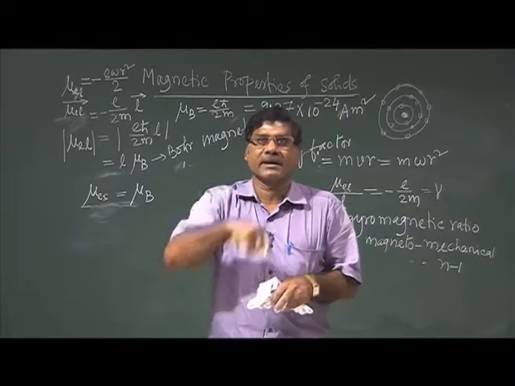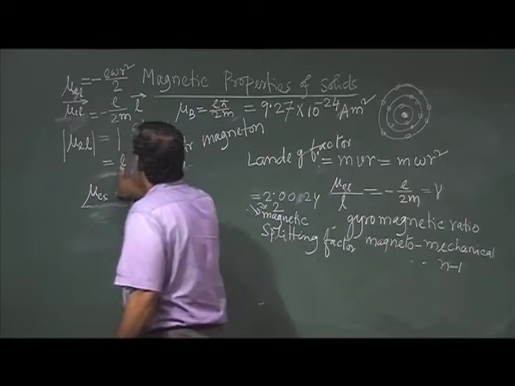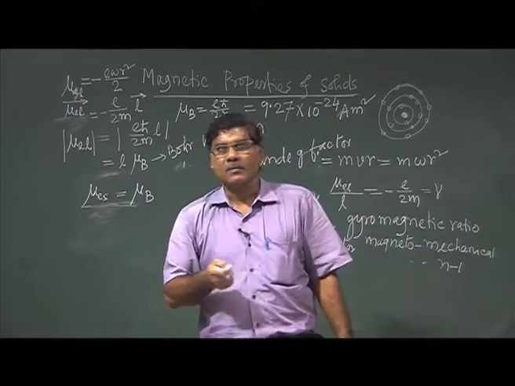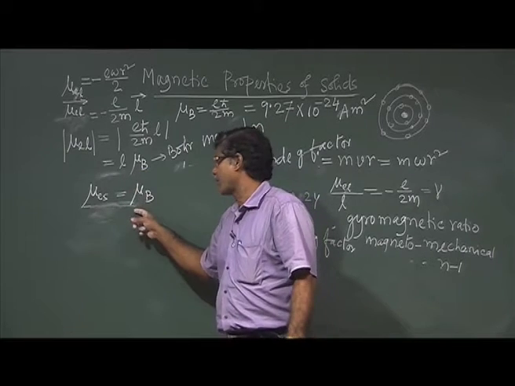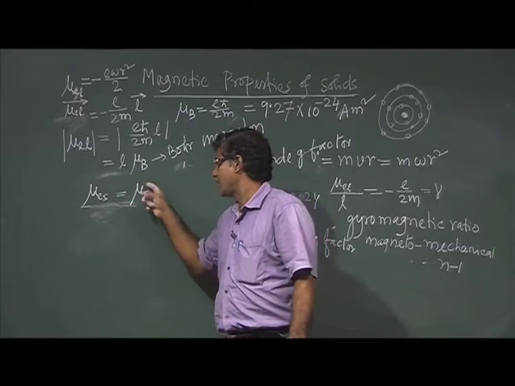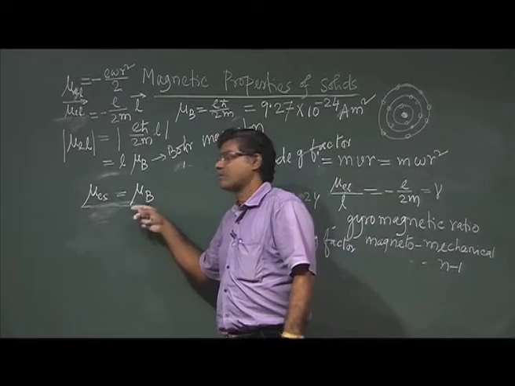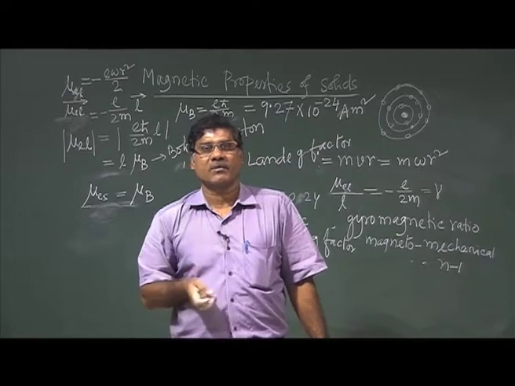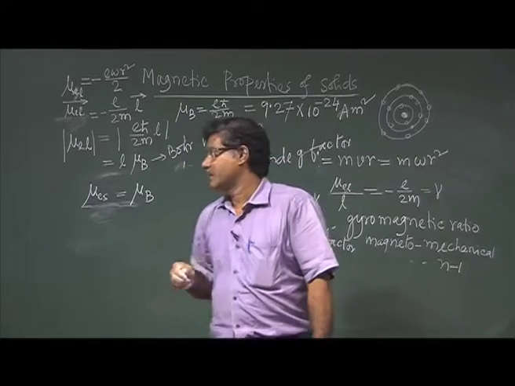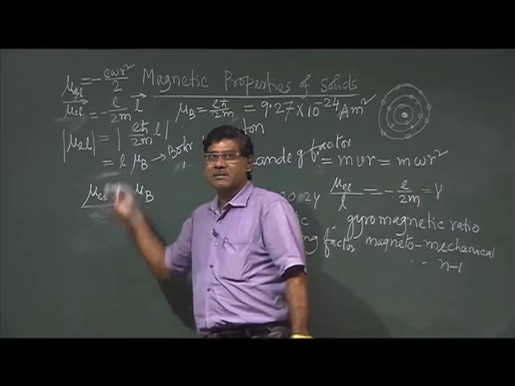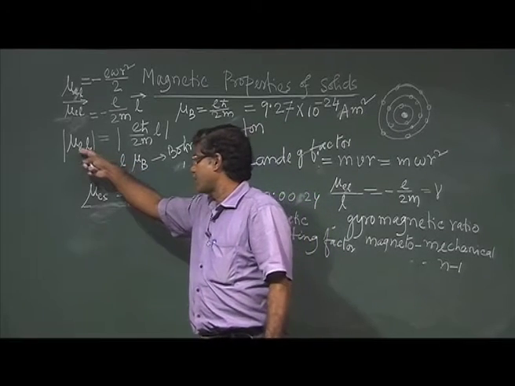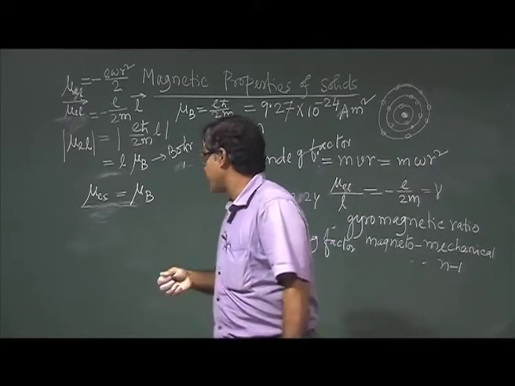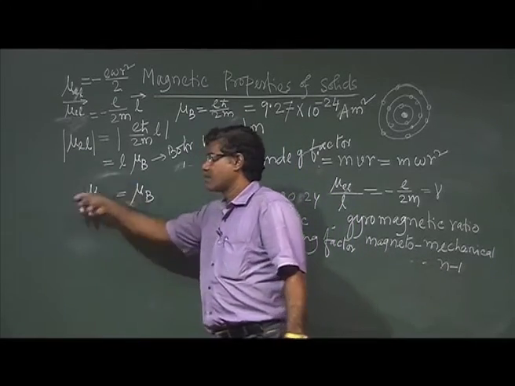From the spinning motion of the electron we get the magnetic moment mu_B. From the orbital motion of the electron we get L mu_B. Whatever the L, it does not matter, for each case, due to the spinning motion of the electron we will get mu_B. So, mu_B is associated with the spinning motion of an electron, whereas the orbital magnetic moment varies, depends on the orbital, and this is independent of the orbital.